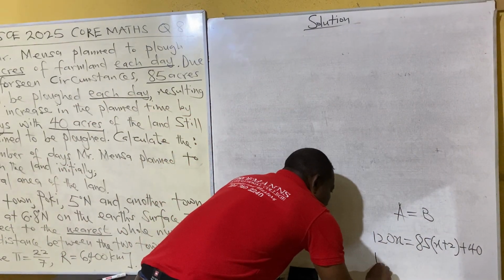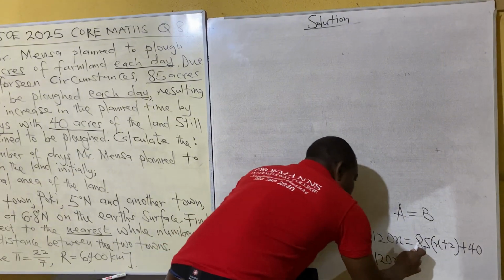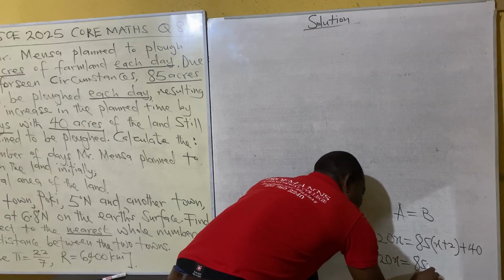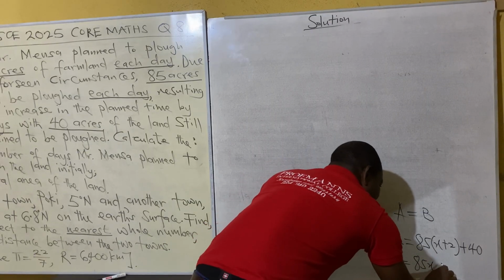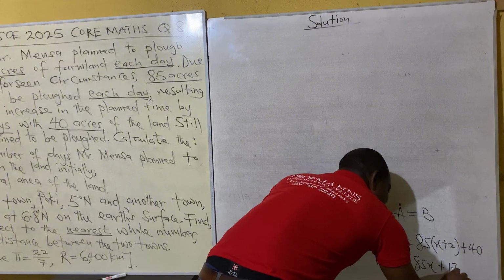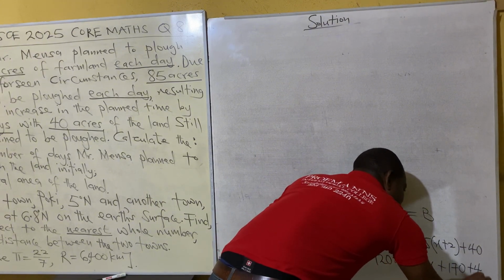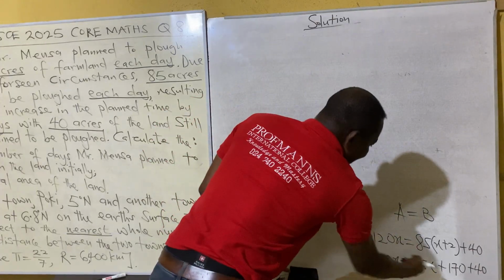So it is 120x is equal to, when we multiply this by this, we get 85x. We multiply this by that, it gives us plus 170, and then plus the 40. Now, lack of space, let's come here. We are grouping like terms.